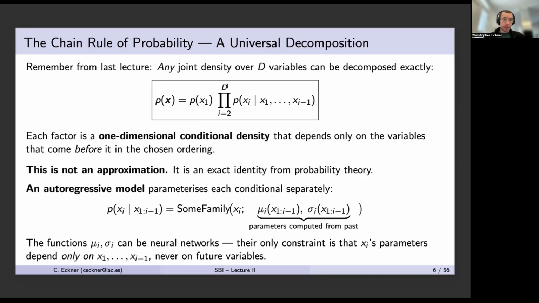Since this decomposition is universal and this is an identity that holds true, you can use this to your advantage in these so-called autoregressive models.